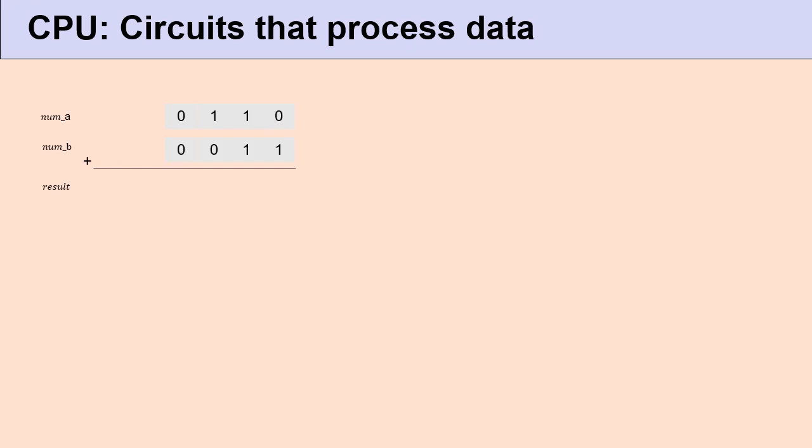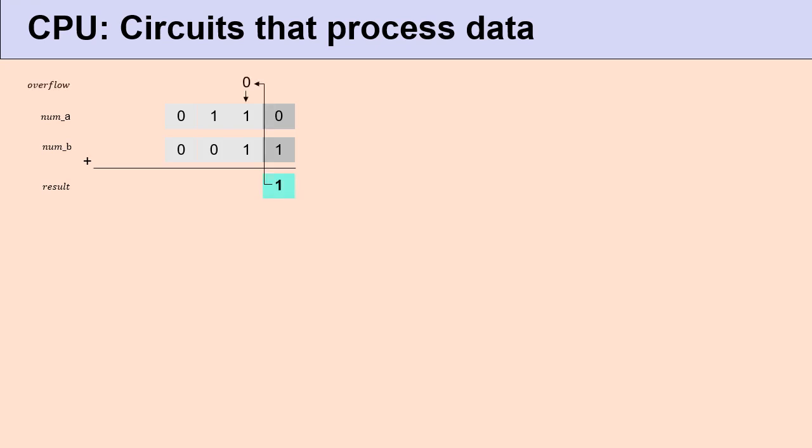Each of them will be a 4-bit binary number. I will do the addition one bit at a time from each number. So I'll start by adding the two least significant bits in both numbers. In this case, number A and number B have 0 and 1 respectively. When I add 0 plus 1, my result would be 1.